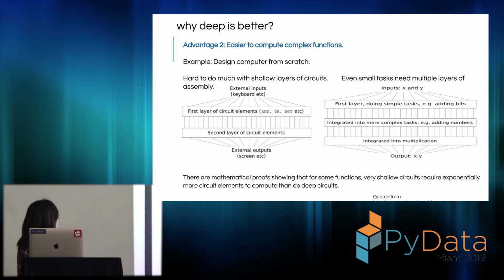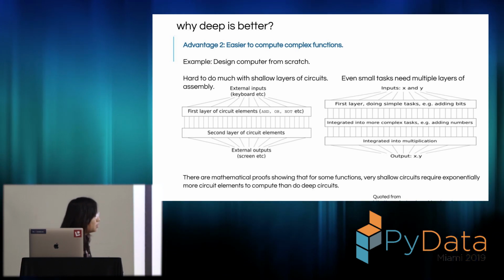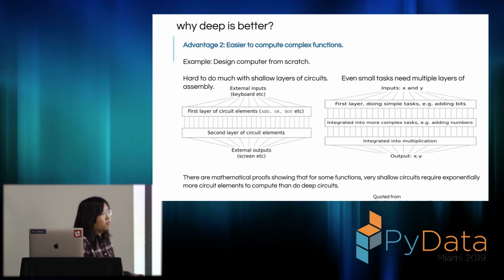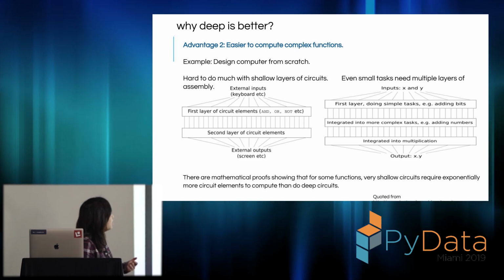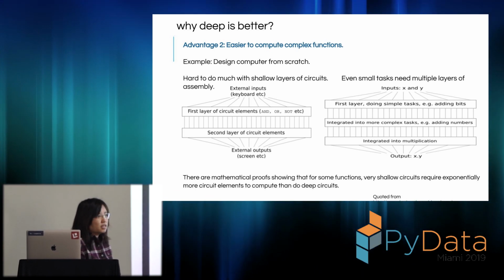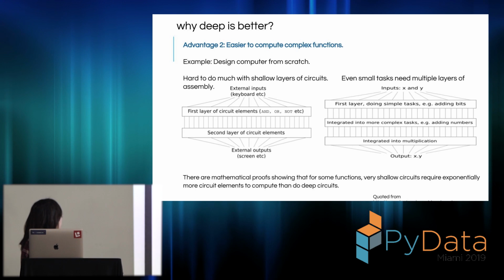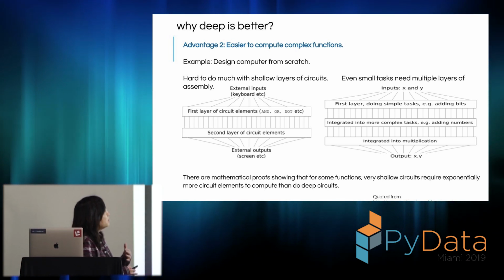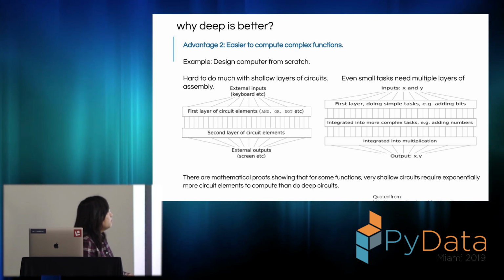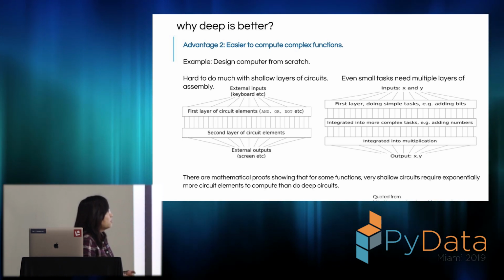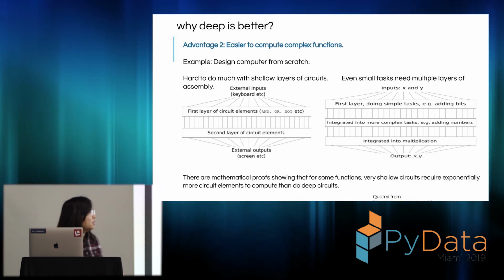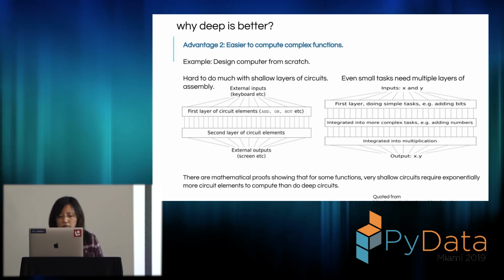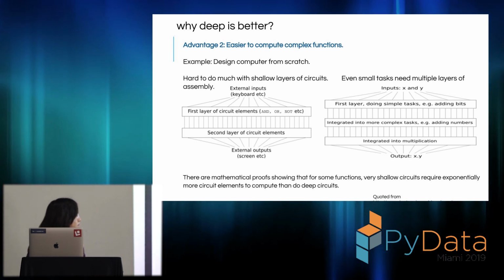He used the example: suppose you're given a task to design a computer from scratch, and you're only given a limited number of circuits. You'll find it's really hard to do much with shallow layers of circuits, because even simple calculation tasks need multiple layers of assembly. So when you have multiple layers, it's easier to do all kinds of complicated computation.